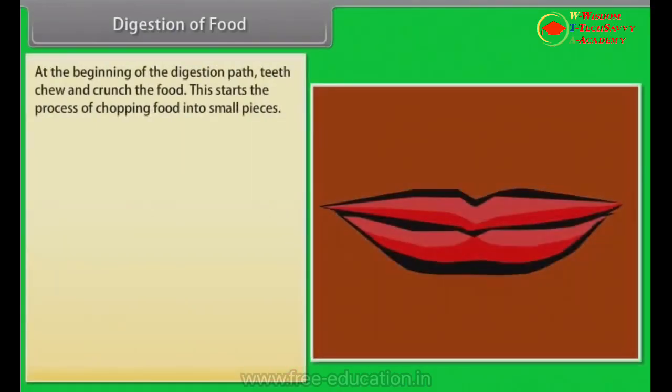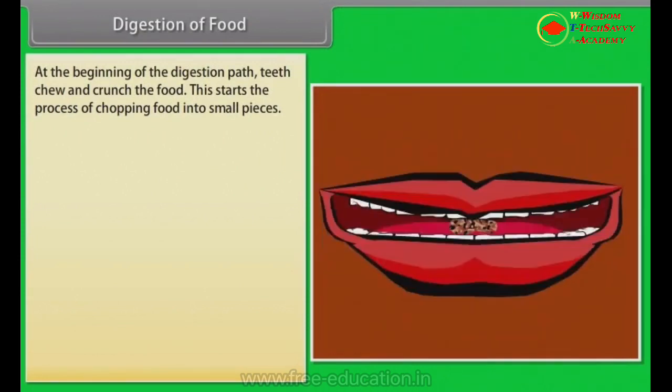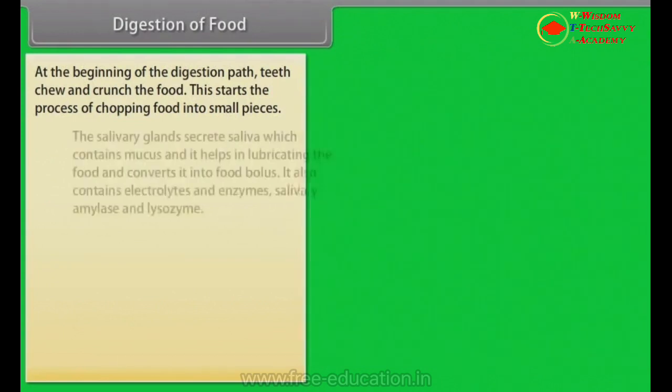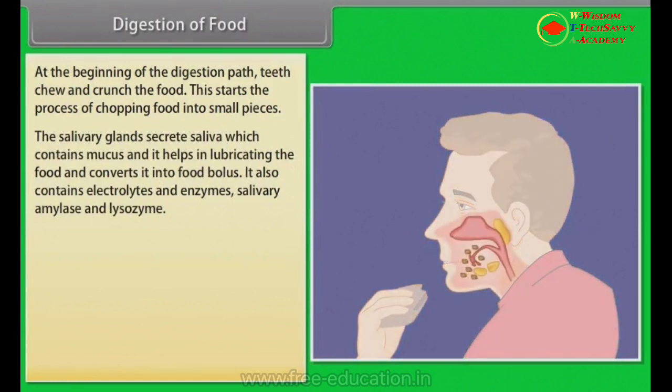Digestion of food. At the beginning of the digestion path, teeth chew and crunch the food. This starts the process of chopping food into small pieces. The salivary gland secretes saliva which contains mucus and helps in lubricating the food and converts it into food bolus. It also contains electrolytes and enzymes, salivary amylase and lysozyme.